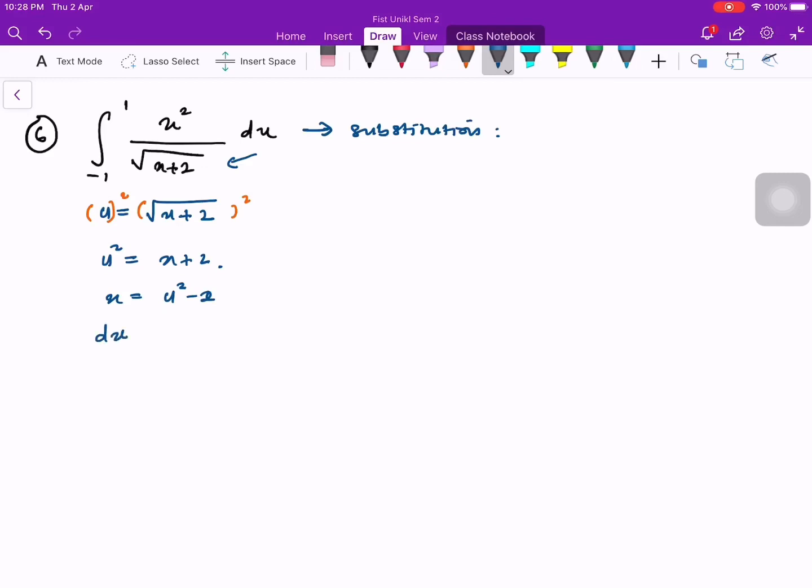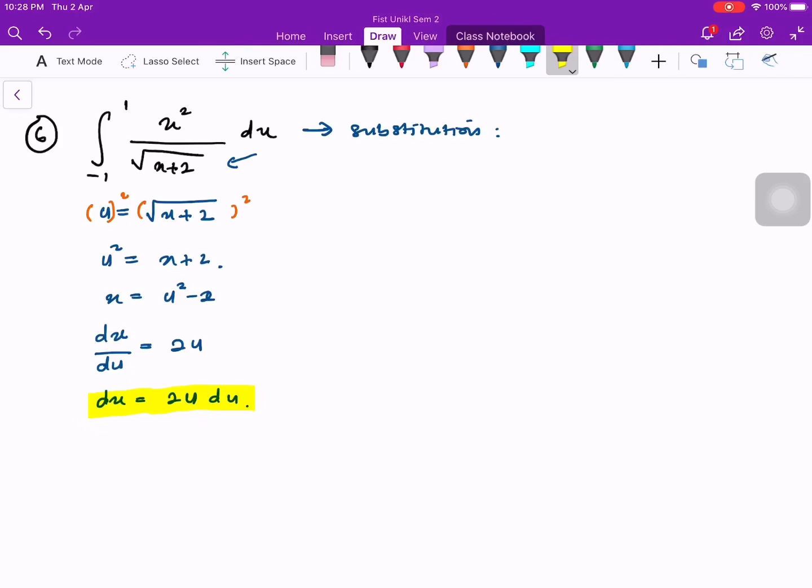Then saya simplifykan x in terms of u. Then I'm going to differentiate x with respect to u, di mana saya akan dapat 2u. Therefore dx saya boleh tukar kepada 2u times du. Okay, right. So kalau kita tengok dekat sini, we have dx will be going to replace with 2u du.